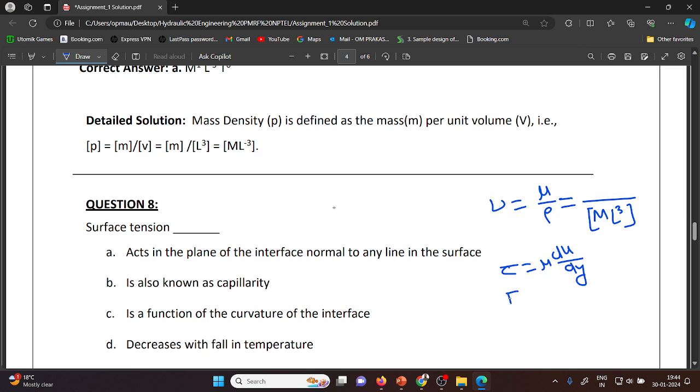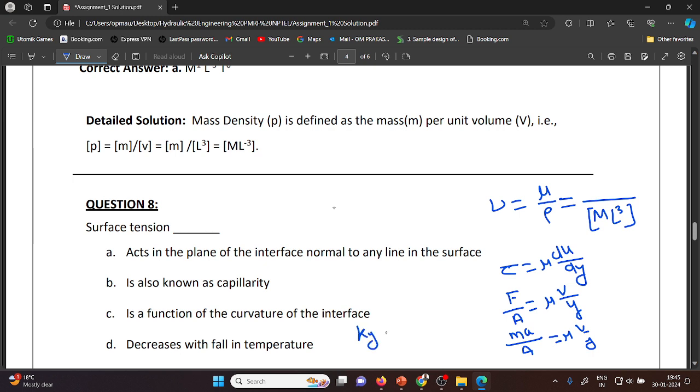Stress is force by area, Newton's law of viscosity, and this is velocity V, and this is distance y. I'm going to write it this way to find out the dimensions. So force is mass into acceleration, area, mu, v and y. Now you put the dimensions here.